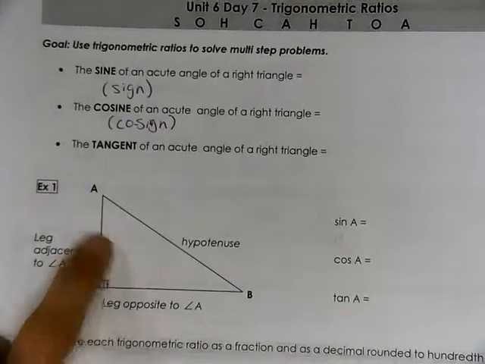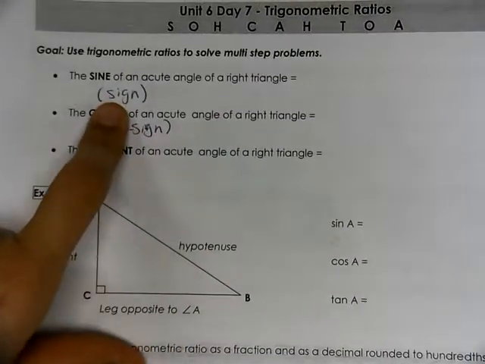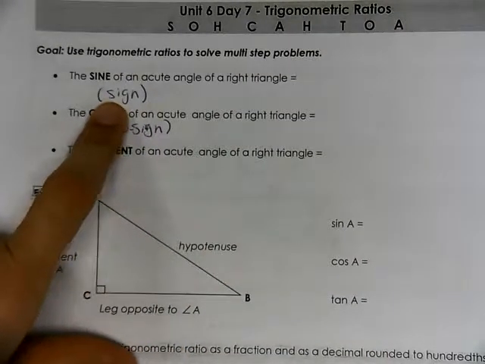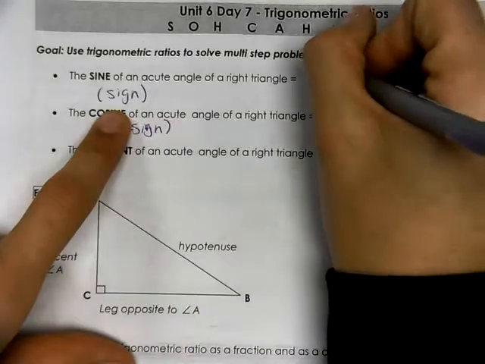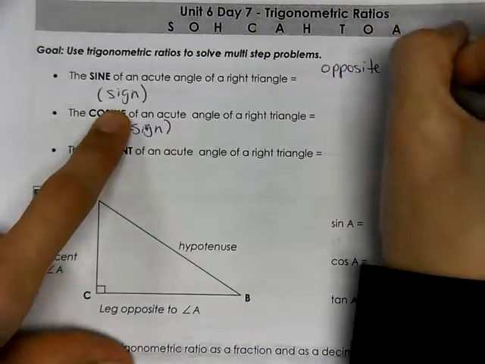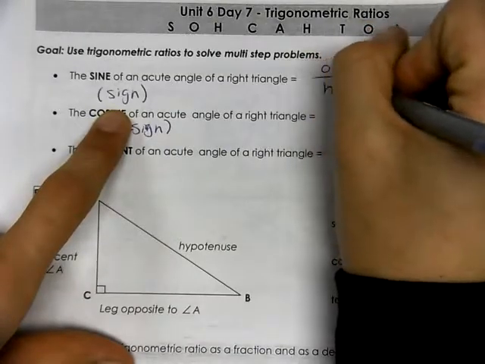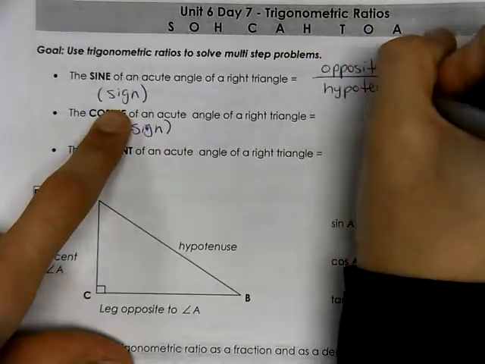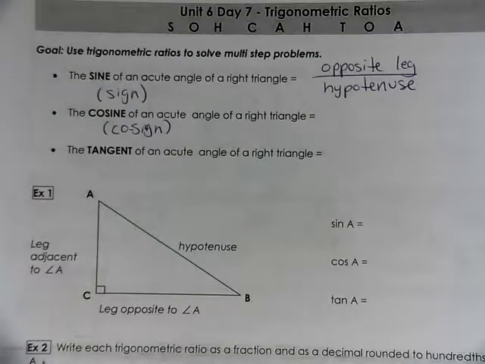So the sine function is a certain leg over something. The sine function is the opposite leg divided by the hypotenuse.